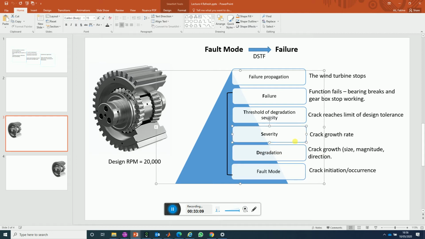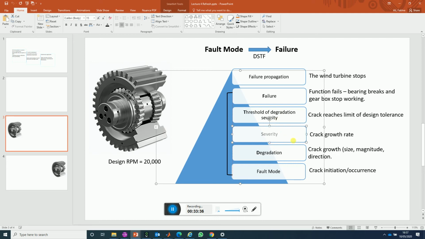How quickly the crack is growing is also part of severity. How quickly this crack starts to propagate through the bearing is also part of degradation severity. How big the crack is, how fast it's growing, what location it is at, all these are part of severity.